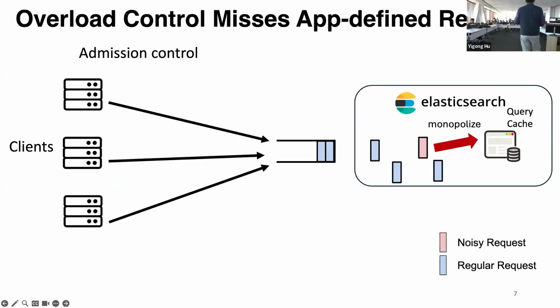One way is to run admission control at the user side. For each user, we throttle its request frequency, or we deny some requests from the user. But the problem is that if we allow, let's say, one client to run requests, and the problematic request is in this client, it will still escape this admission control and cause damage to the application.